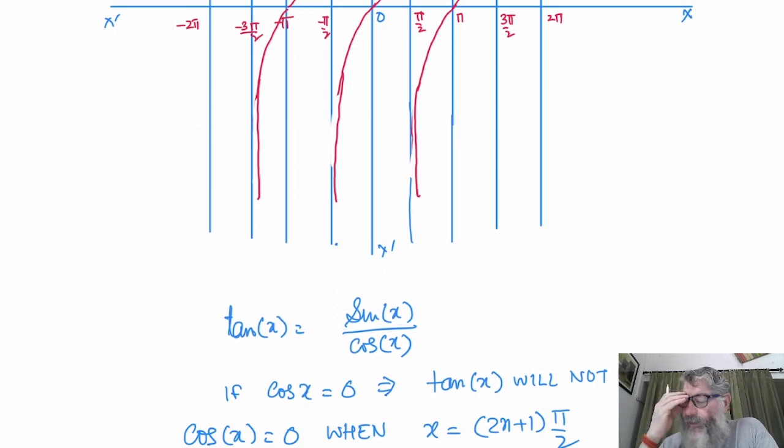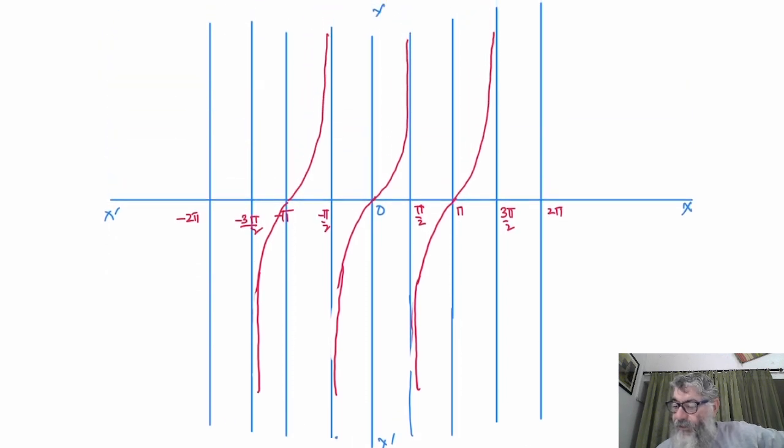So in this denominator, cos x is 0 when x is equal to (2n plus 1) pi by 2, and if cos x is not defined, tan x will also not be defined, because for tan x, cos x is coming in the denominator. So please notice in this curve.